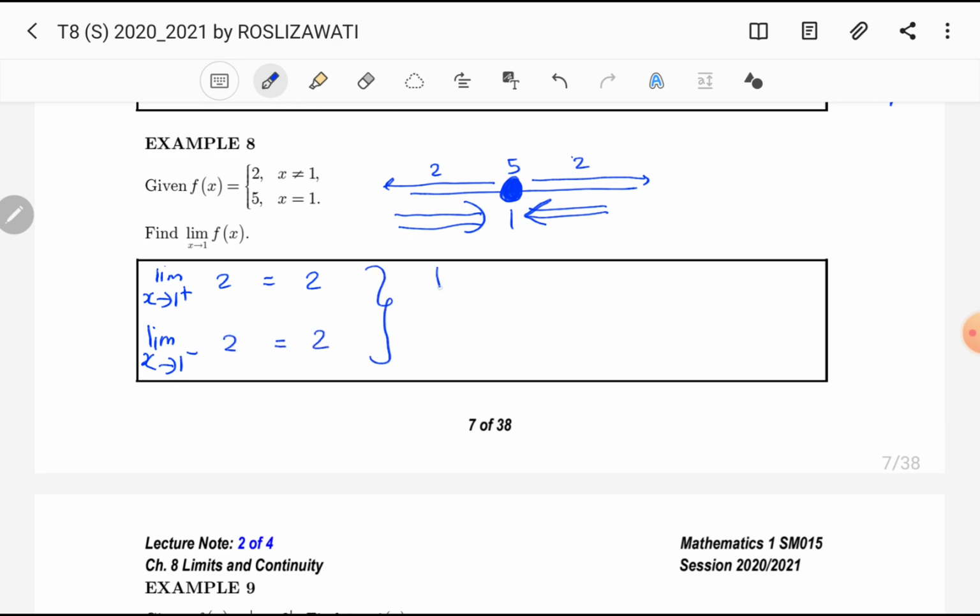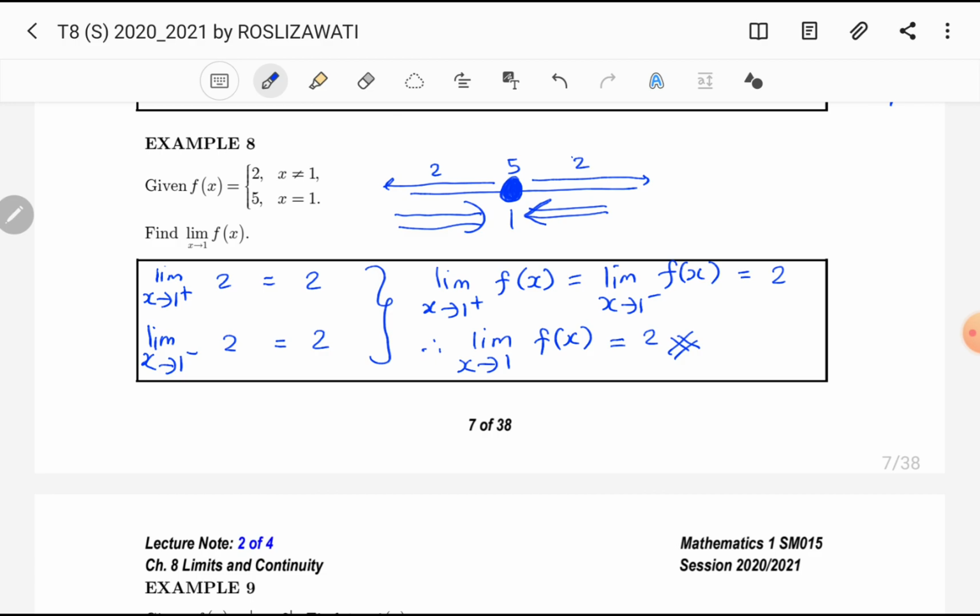So from here, the limit of f(x) as x approaches 1 positive equals the limit of f(x) as x approaches 1 negative, and equals 2. So what conclusion can we make? Therefore, the limit of f(x) as x approaches 1 in general exists and the answer is 2.